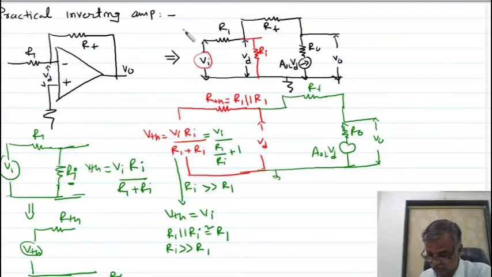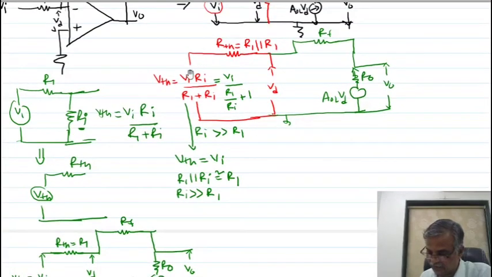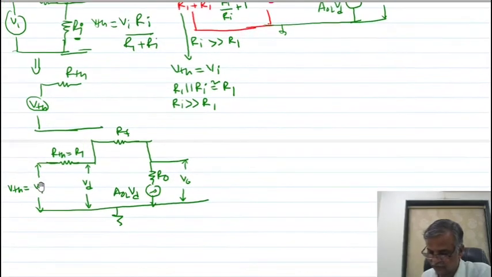So instead of this, I have kept this. Instead of that, I have written this, and this I have mentioned like this. You can see, yes, I have mentioned.